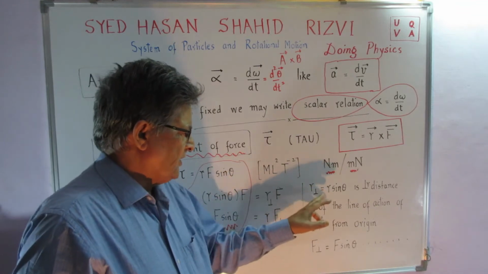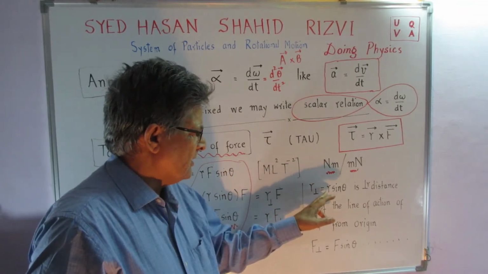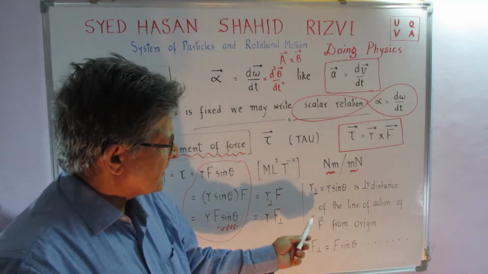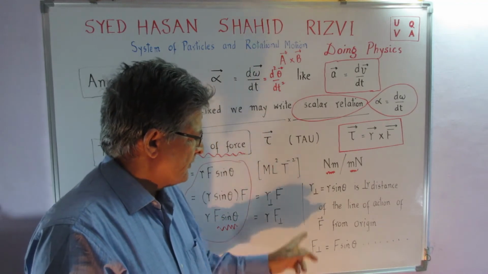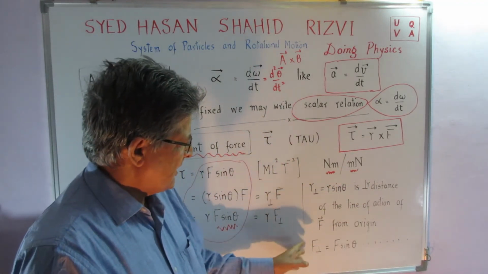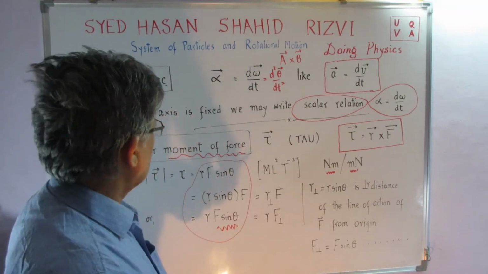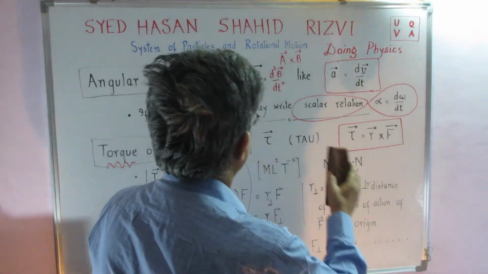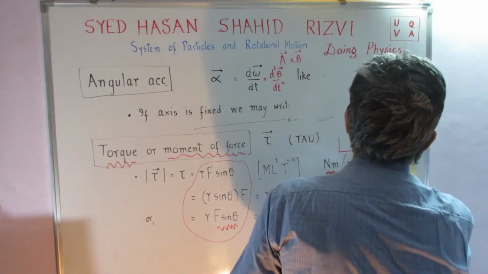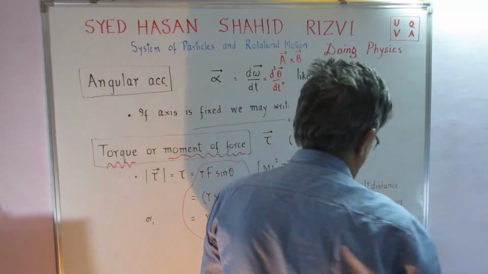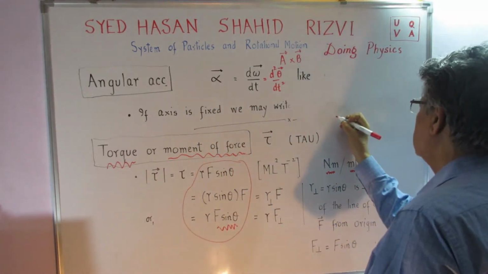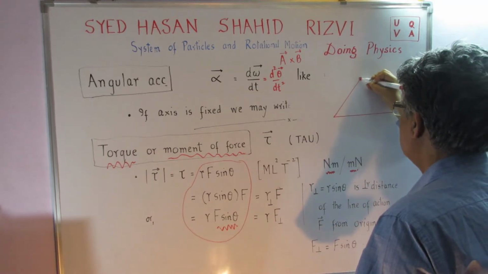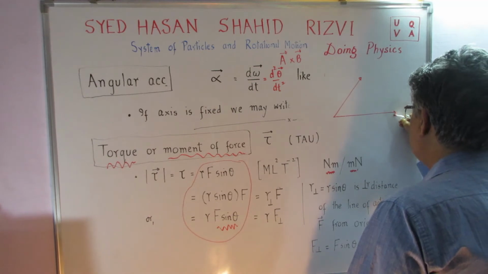Now for example, I am writing here that r perpendicular is equal to r sine theta, the perpendicular distance of the line of action of the force from origin. And similarly, F perpendicular is like this, and I'll just show it to you that if the two vectors go as in the original format of A cross B, what is the direction of the resultant vector?